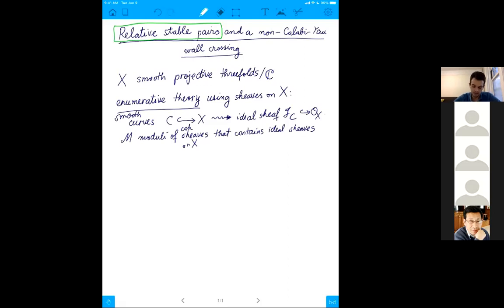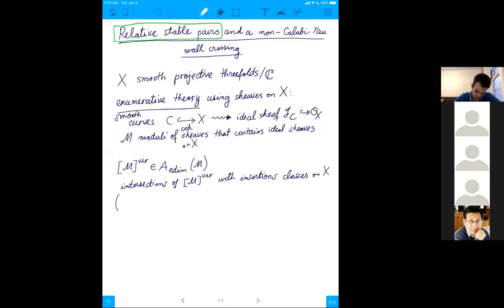And in an enumerative theory, what will happen is that we will have a certain algebraic cycle called the virtual class of a given expected dimension. So I'll say a few more words about these constructions when I discuss examples. And we will study the intersection theory, so intersections of this virtual class with insertion classes, so classes coming from X. I'll define this more precisely when I talk about particular examples of enumerative theories.